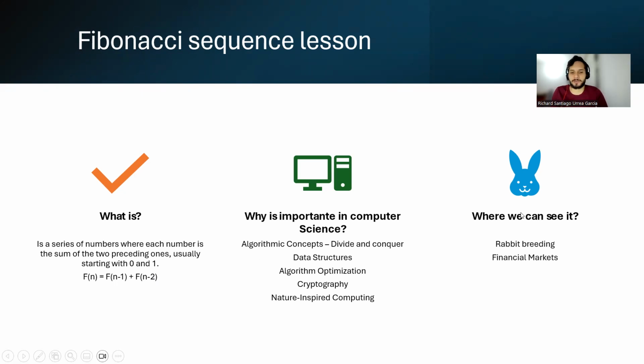Why is it important for computer science? In principle, it has five strong points, but the most important for you who are starting in this world of computer science is the algorithm concept that works with recursion and dynamic programming. Dynamic programming makes use of recursion, and recursion is like having methods that call themselves the needed times to solve a problem.